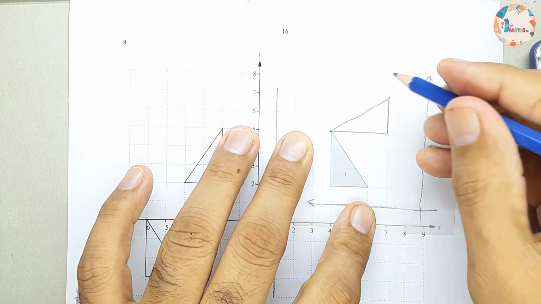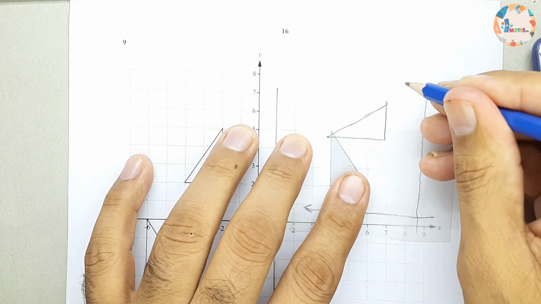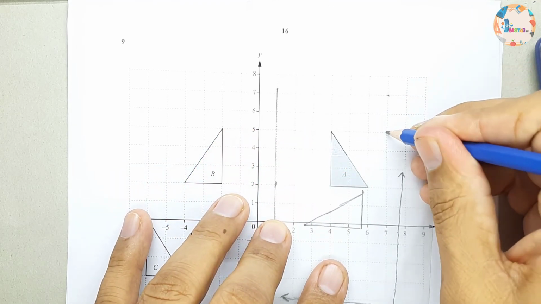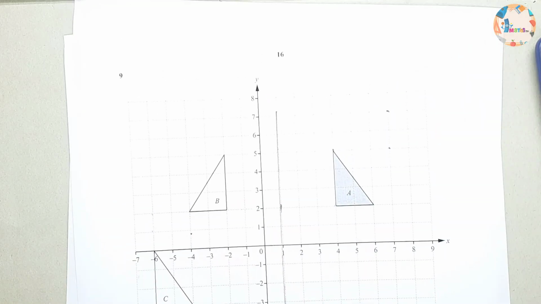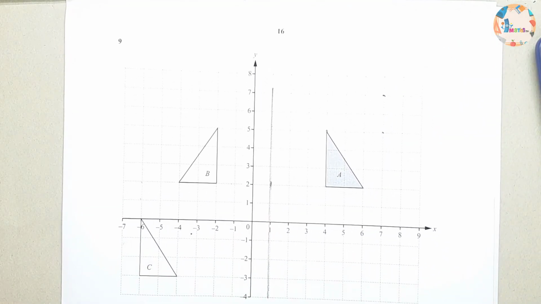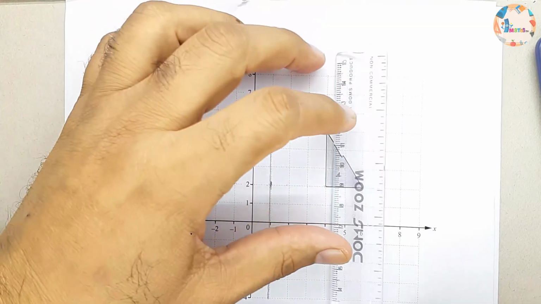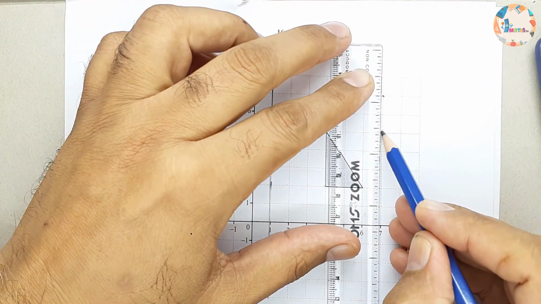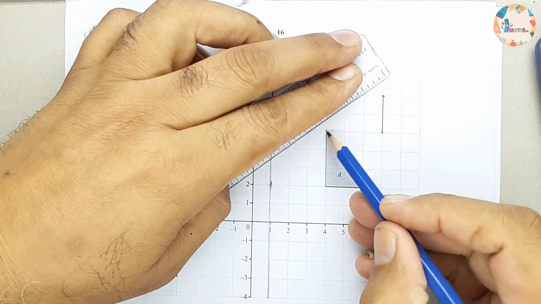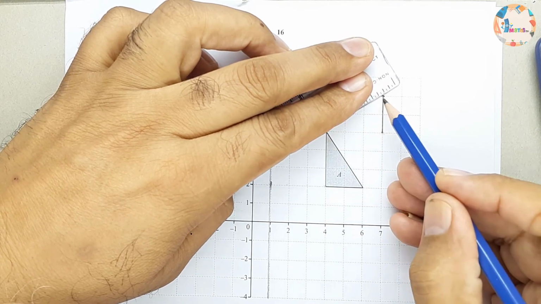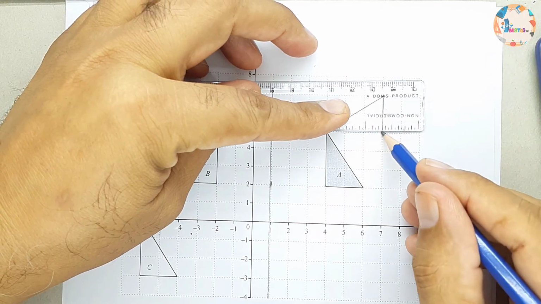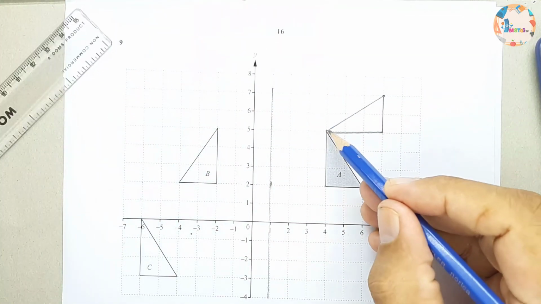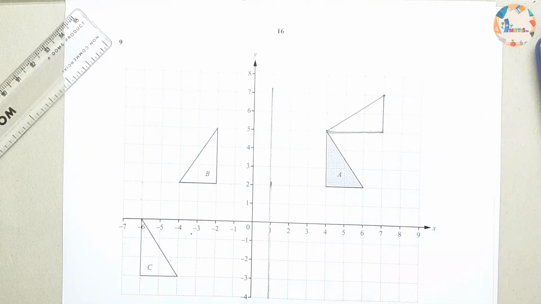So we can draw this point and this point, which will be the rotated drawing, 270 degrees clockwise. If I draw the triangle, this will be the rotated triangle.